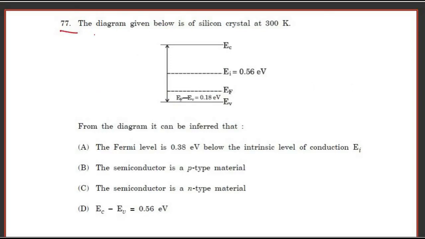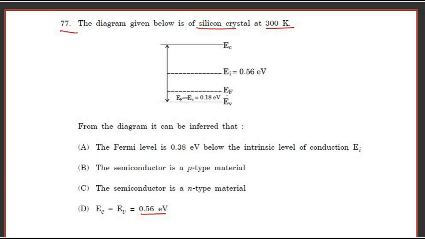Question number 77, the diagram is given below for a silicon crystal at 300 Kelvin. From the diagram, it is inferred that Fermi level is 0.38 electron volt below the intrinsic level of EI. Semiconductor is P-type, semiconductor is N-type. EC minus EV is 0.56 electron volt. Which one is the correct answer?